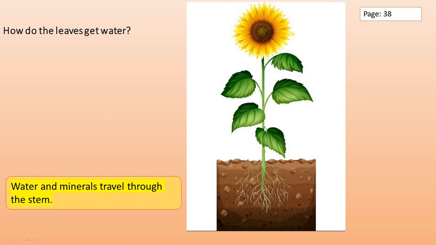Again, this is another function of the stem. It will carry the water and minerals to the leaves. Interesting, grade 1. We see that it holds up the plant, but it also carries water and minerals to the leaves. Interesting. We will investigate this in the next inquiry activity.